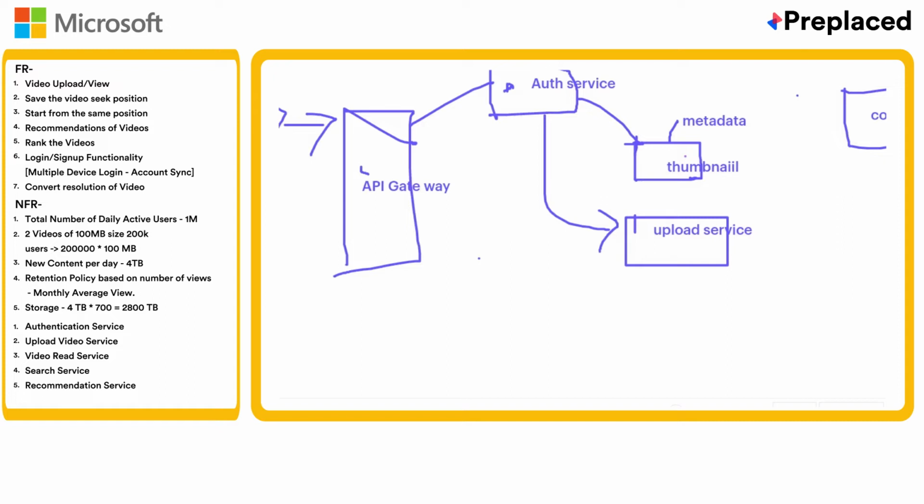Let's suppose within 1 minute it downloaded all the next 5 minutes of content. In that case, again, it's going to poll for the next 5 minutes of content while the current video is getting played.